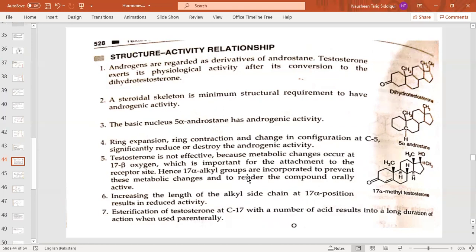Testosterone is not effective orally because metabolic changes occur at 17 beta oxygen, which is important for the attachment to the receptor site, and 17 alpha alkyl groups are incorporated to prevent these metabolic changes and to render the compound orally active. Increasing the length of the alkyl chain at 17 position results in reduced activity, while esterification of testosterone at C17 with a number of acids results in a long duration of action when used parenterally.